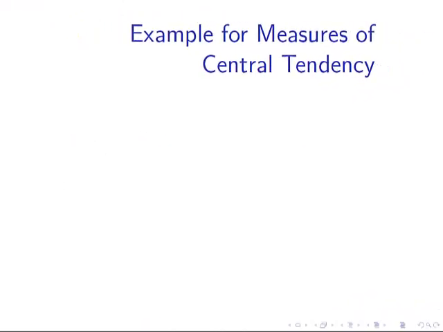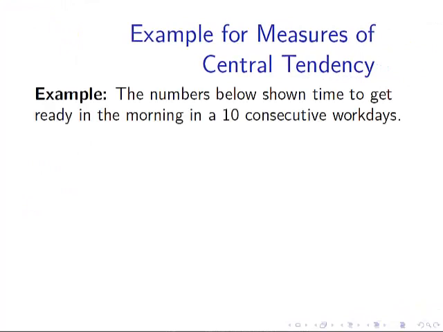Let's consider an example for measures of central tendency. The numbers below show the time to get ready in the morning in 10 consecutive days. 39, 29, 43, and for the last day, it takes you 35 minutes to get ready in the morning.